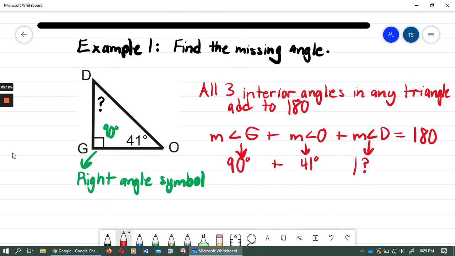The only angle measurement that we don't know right now is this one. Now, folks, some of you will not want to put a question mark there. Well, when you were in elementary school, they just had a box there. But you're not in elementary school no more. Maybe you don't want to use a question mark or just a box. Use a variable, any variable as your unknown value, since you know algebra and you're using variables now.